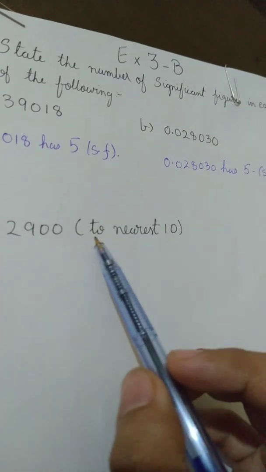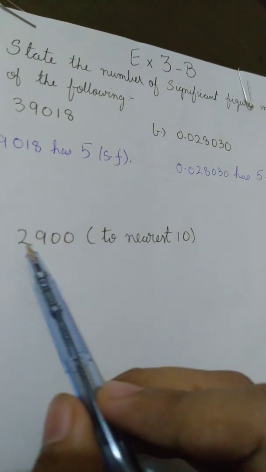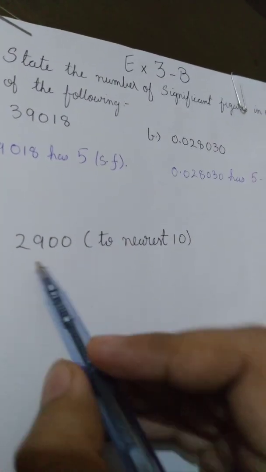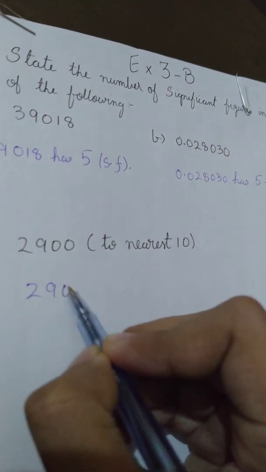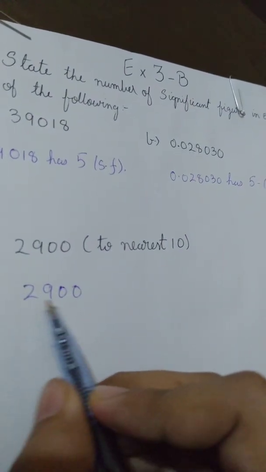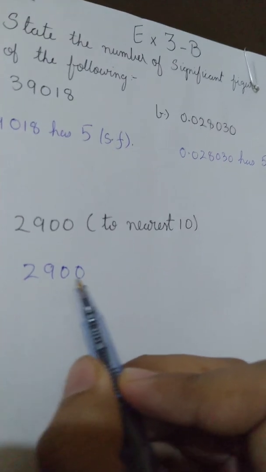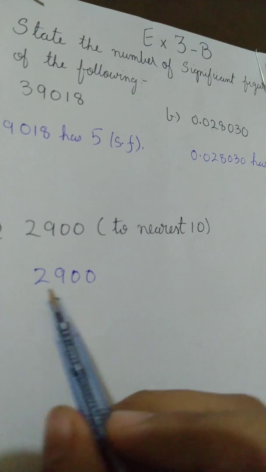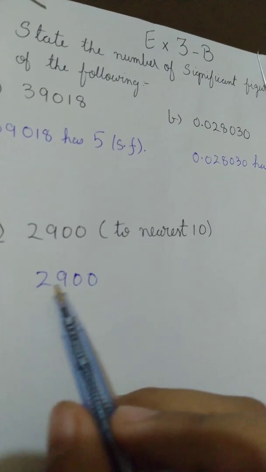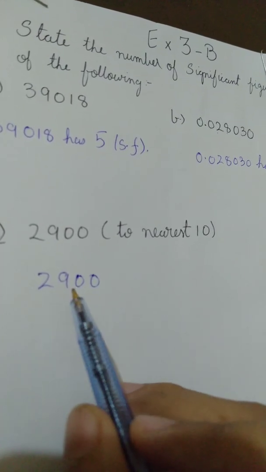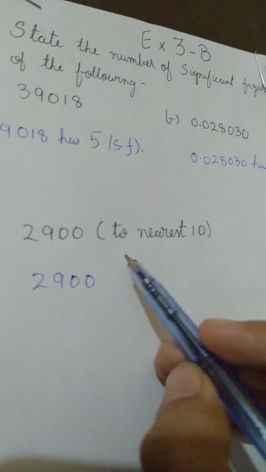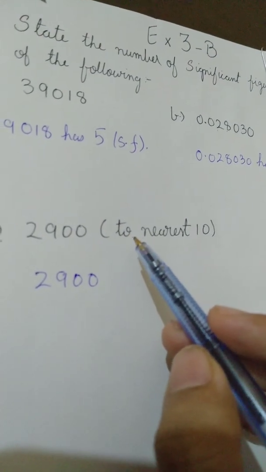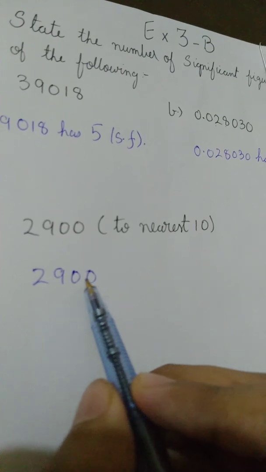Now part C is very easy now. 2900, it is rounded off to the nearest 10. If I go directly, 2900 has 2 significant figures, and these two zeros will not be considered because they are trailing zeros and there is no decimal point here, so there should be only two significant figures, 2 and 9. But in the question it is said that it is to the nearest 10, so unit 10.